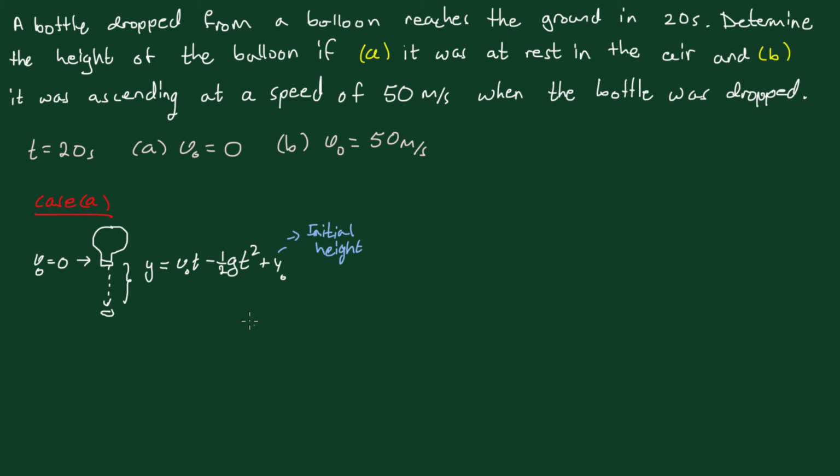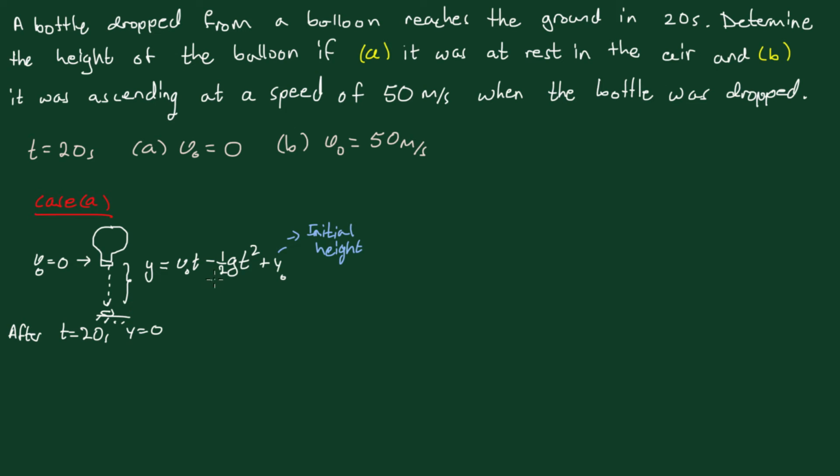All right. So how do we solve this problem? Well, we do so just by plugging in the information. T equals 20 seconds, and V0 is equal to 0. After T equals 20 seconds, remember, the bottle is on the floor, so if it's on the ground, then y has to be equal to 0.